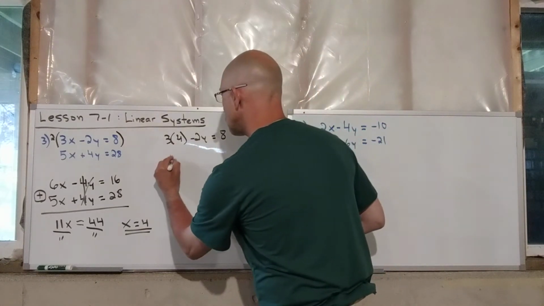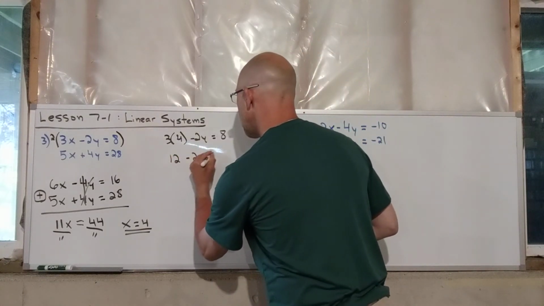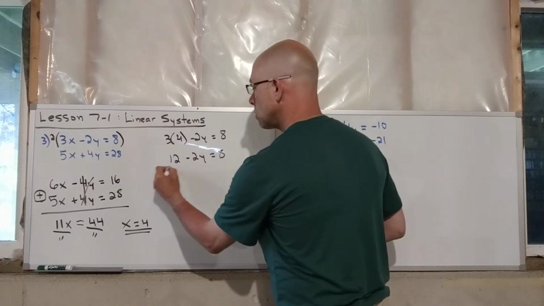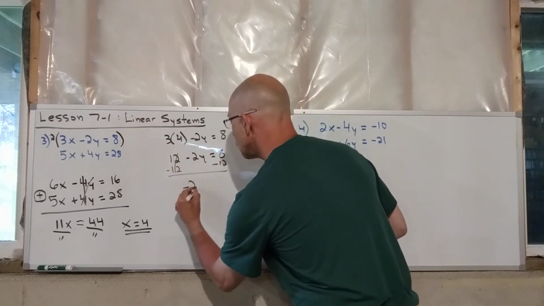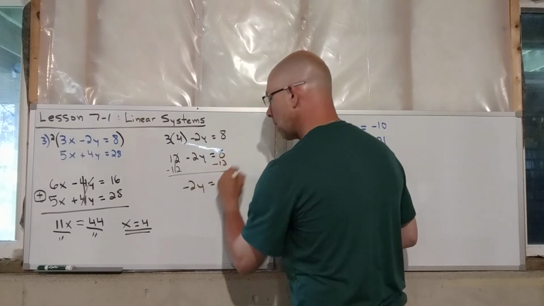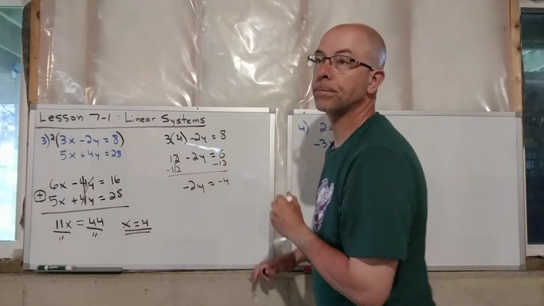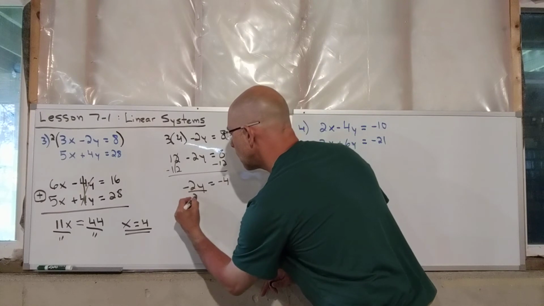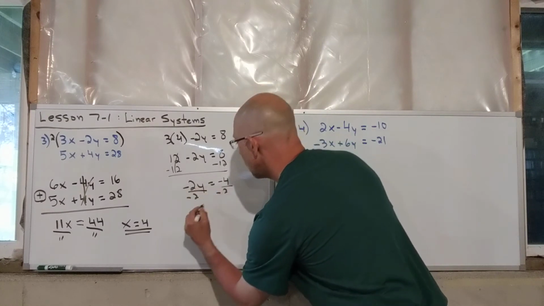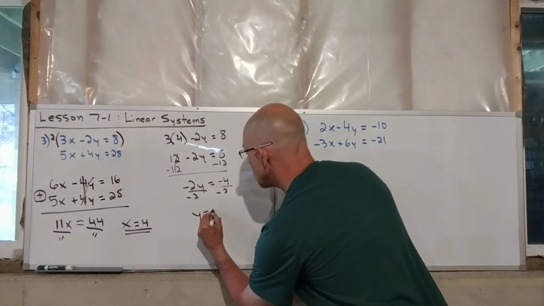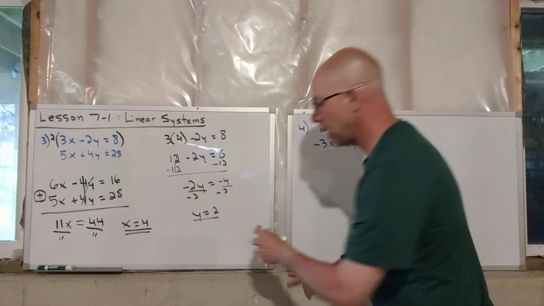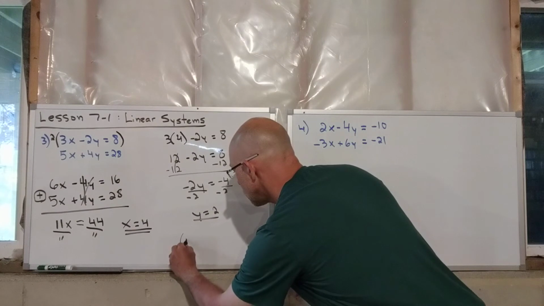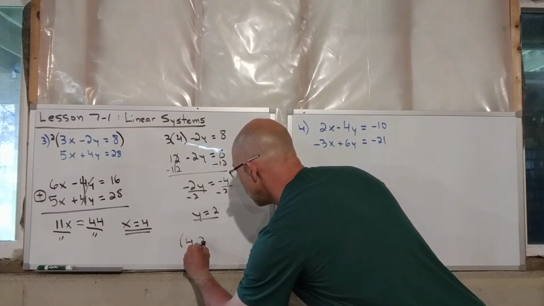This multiplies to 12 minus 2y equals 8. I will subtract 12 from both sides, getting me negative 2y equals 8 minus 12, or negative 4. Divide both sides by negative 2, and we get ourselves a y equals positive 2. Negative divided by negative. So our ordered pair is 4, 2.